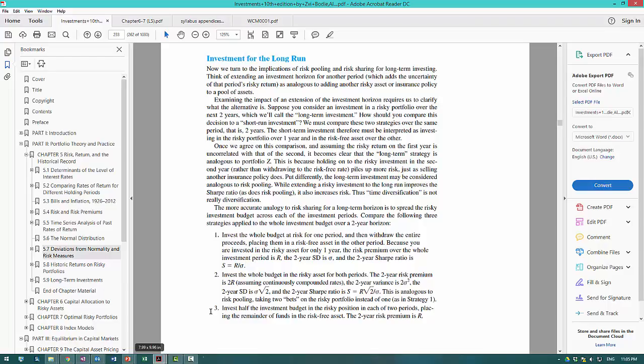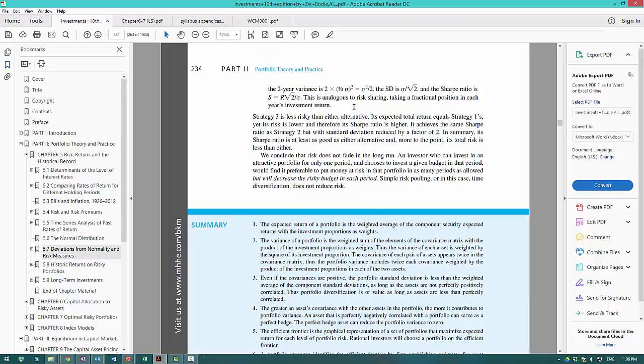They did say actually that if we look here at choice number 3, which is when you invest half of the money in the risky asset for period 1 and period 2, and you place half of the funds in a risk-free asset for also period 1 and period 2, then what you do is you can maintain the same return, but your risk goes down. Okay, now, but this is not what people call time diversification.